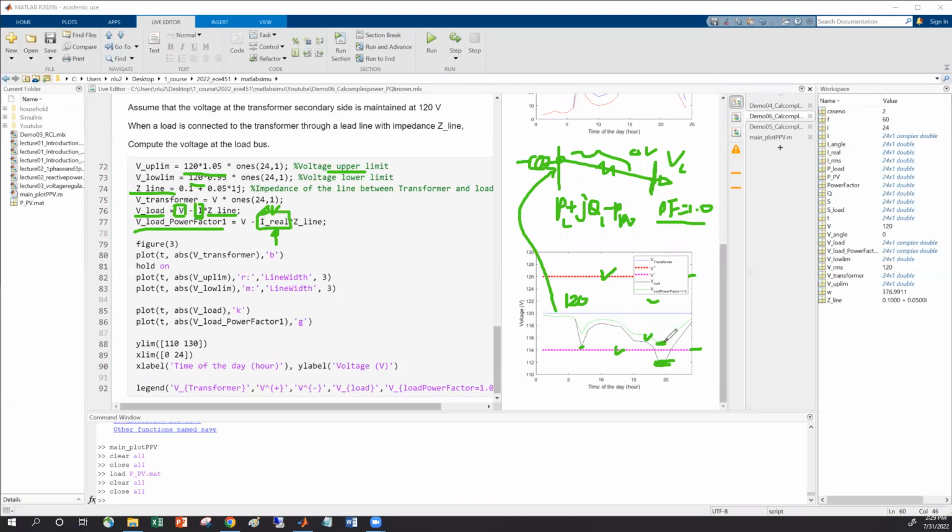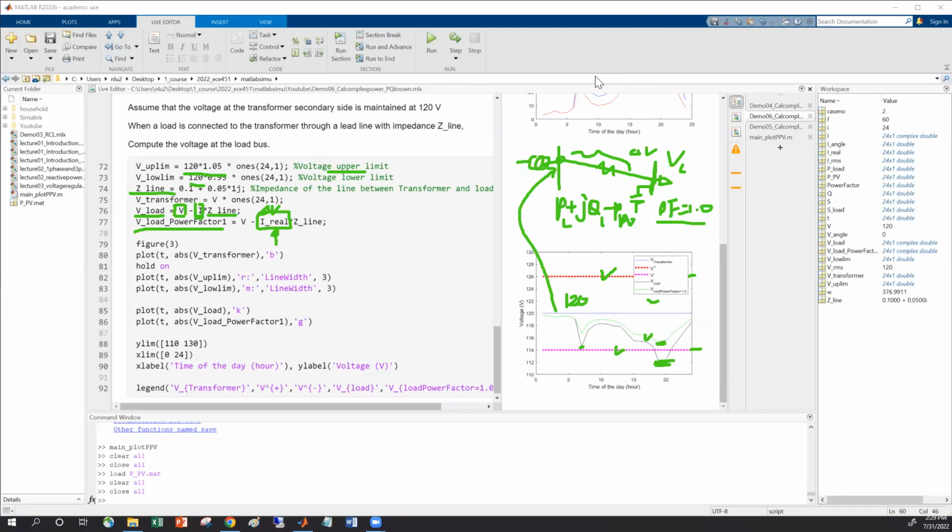In that case, my voltage drop can be limited. So one effective way to provide voltage support is to add a capacitor here, so that the reactive power needed for this particular load is provided by the capacitor bank.